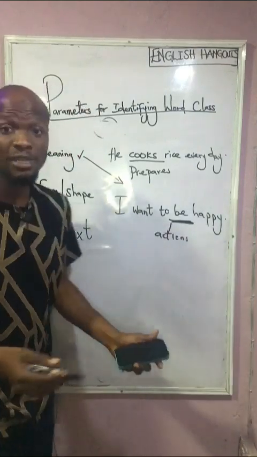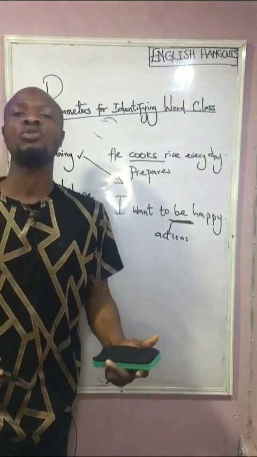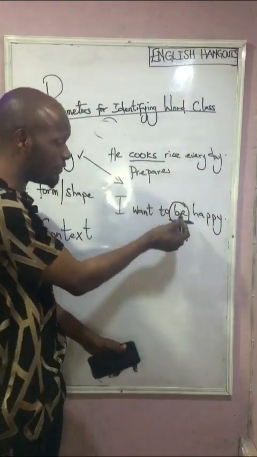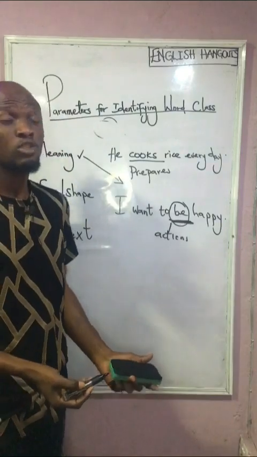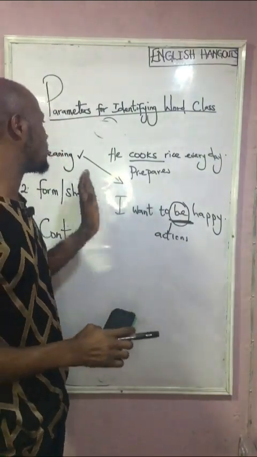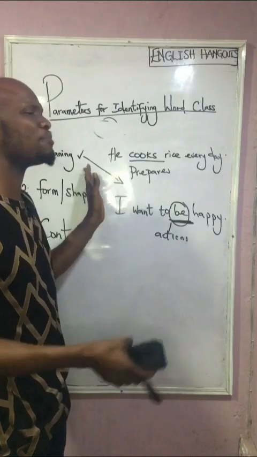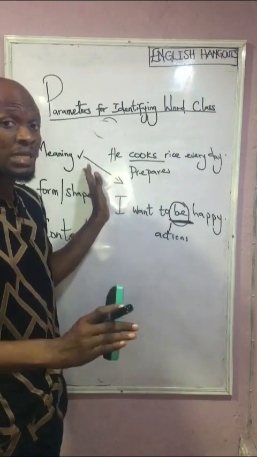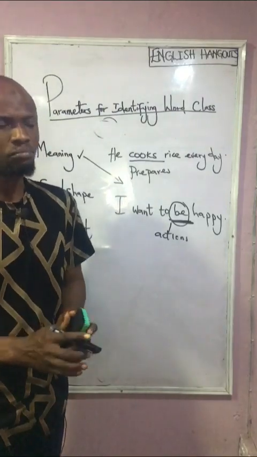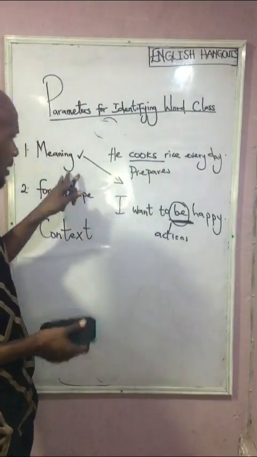We know verbs generally are referred to as the action words. What is the action the verb be here is performing? So as such, meaning cannot be the most appropriate parameter to identify word class, but to some extent it is still valid. That is on meaning.